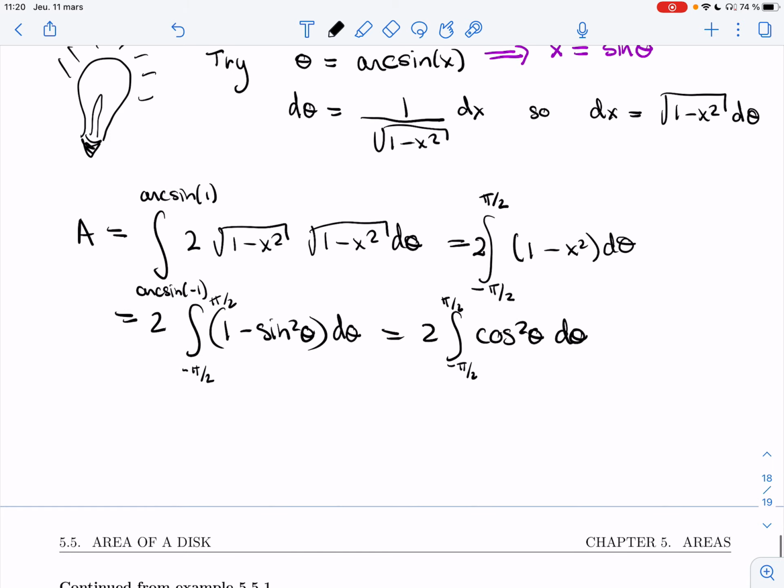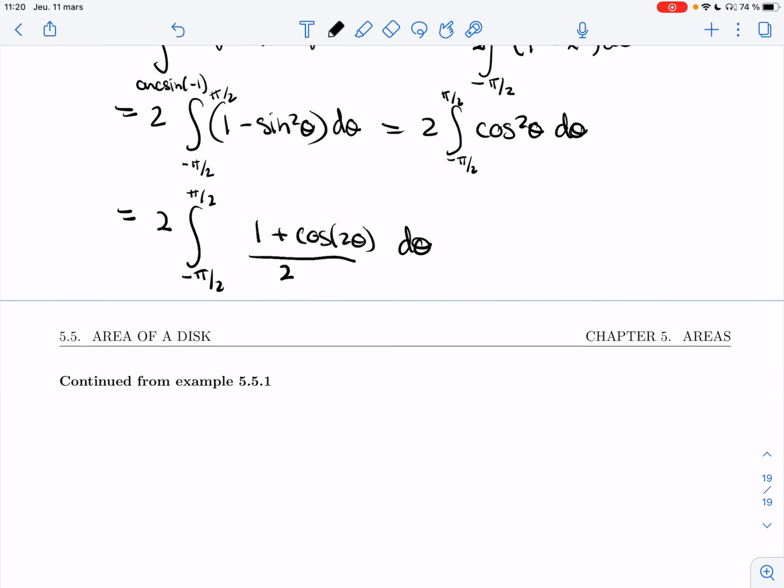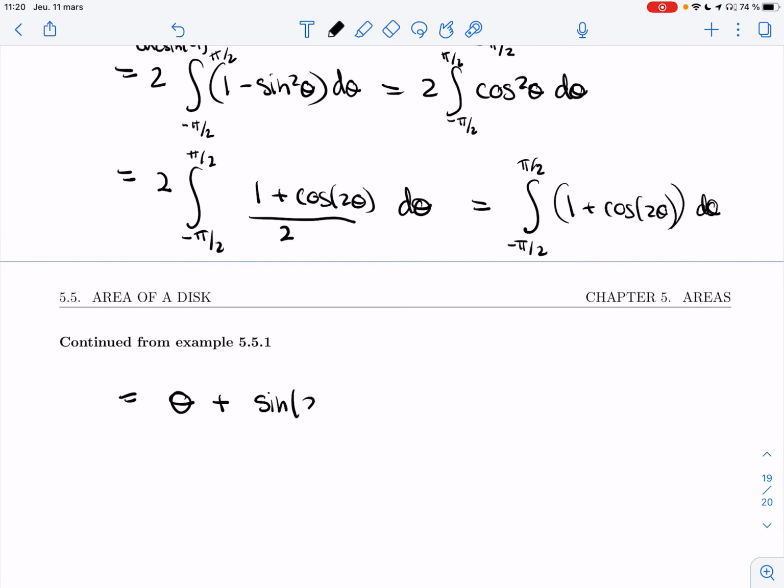All right, let's finish this integral. Because I have an even power of cosine, no sines at all, I'm going to use this power reducing formula, and then the 2's will cancel, so I'll end up with the integral from minus pi on 2 to pi on 2 of 1 plus cosine 2 theta d theta, and I get theta plus, and then the integral of cosine is sine, but I have an extra 2, so I need to divide by 2, from minus pi on 2 to pi on 2.